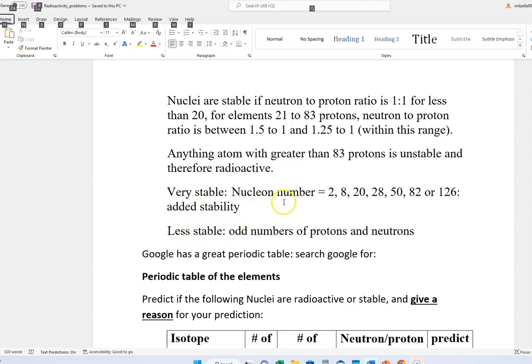Basically, when the strong nuclear force gets weakest for these really large nuclei, it just won't hold the nucleus together anymore.